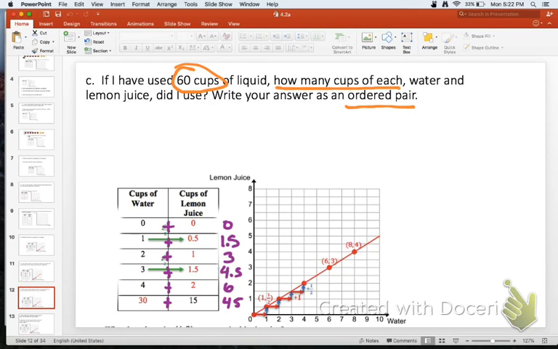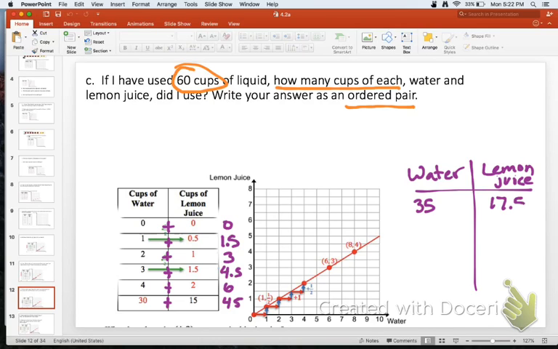Well, I'm getting closer to that mark of trying to hit 60. So I have water on the left again, and I have lemon juice. So let's go up by 5 more. 35 times a half gives me 17 and a half.